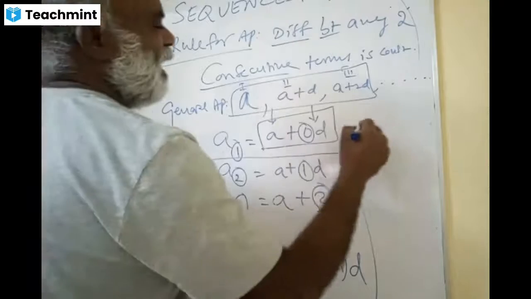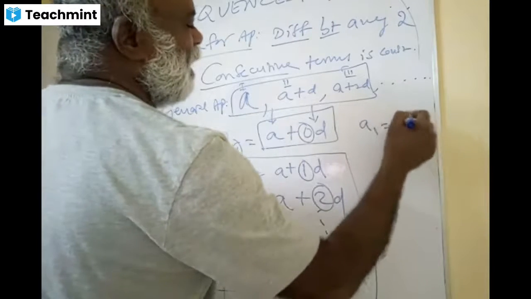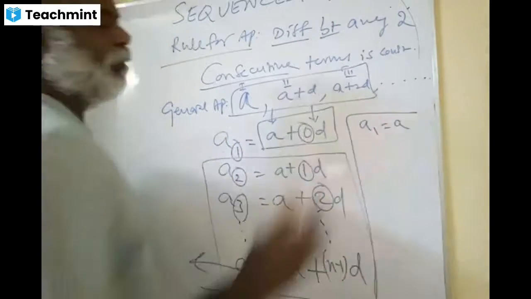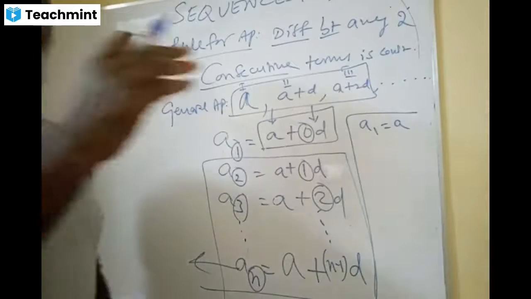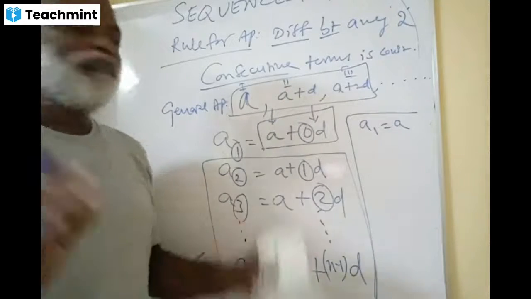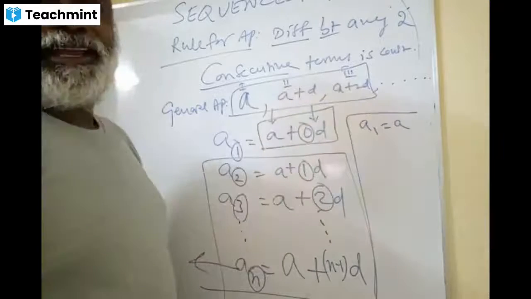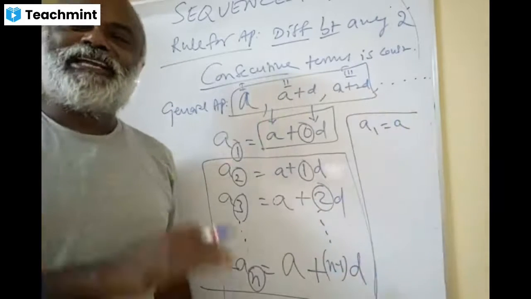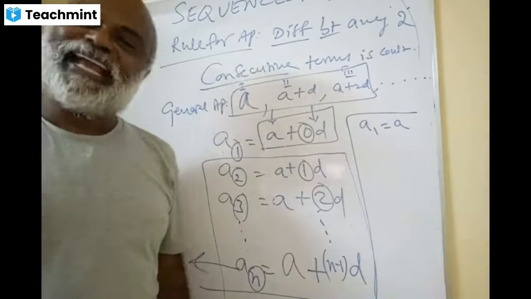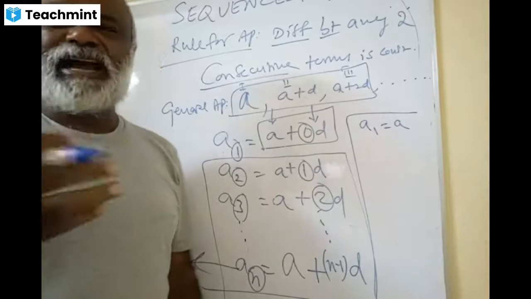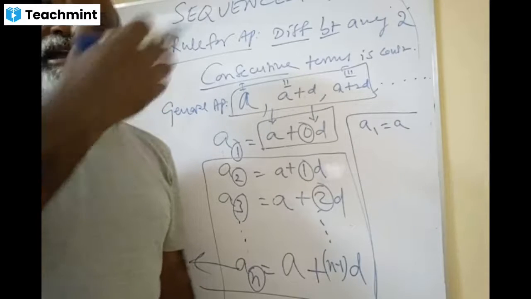We are fixing A1 equal to a for a general purpose. There is no rule that you should take only a as the first term. You can take b, b plus d, b plus 2d. The common difference also, you need not take only d. You can take anything; this is our assumption. d is the difference.